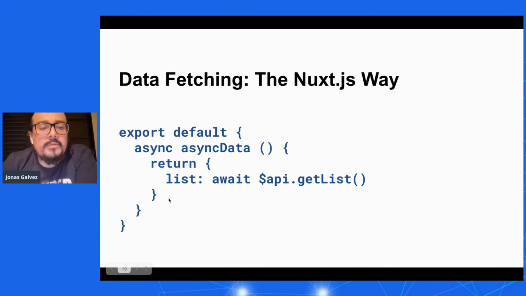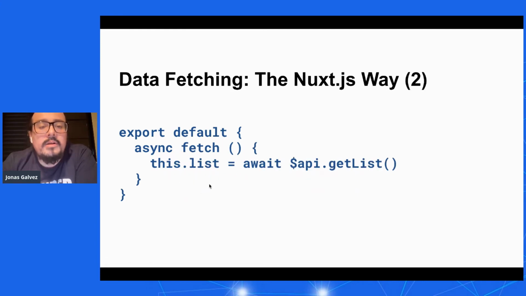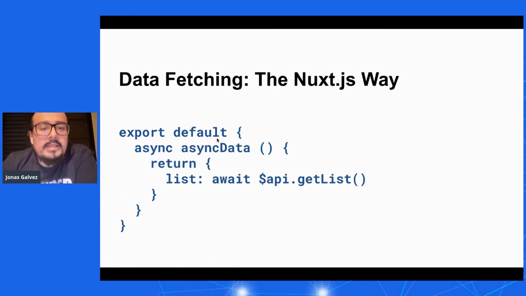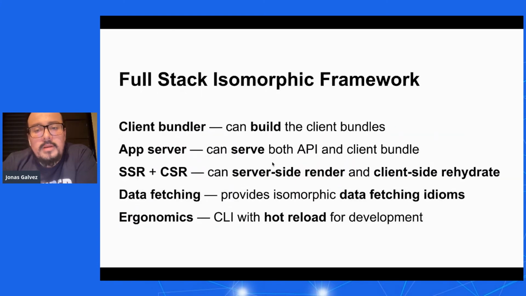The client will get the data, and the client will do the hydration of the data. But if you keep navigating through your app client side and you get to another component client side and it needs data, async data will also work on the client. So this is effectively an isomorphic data fetching idiom. So this is what I'm talking about here.